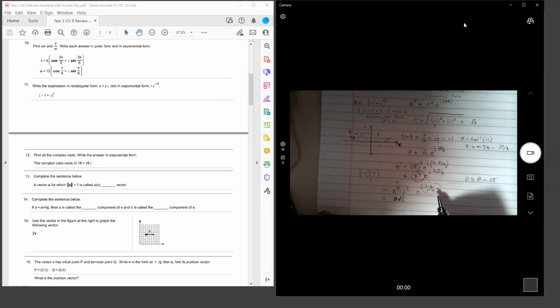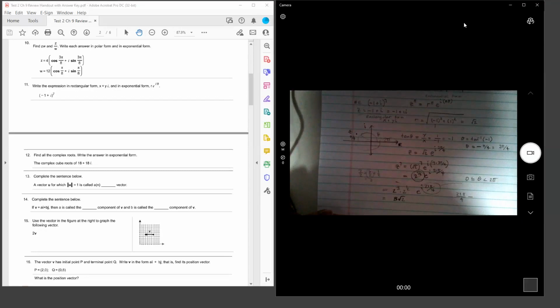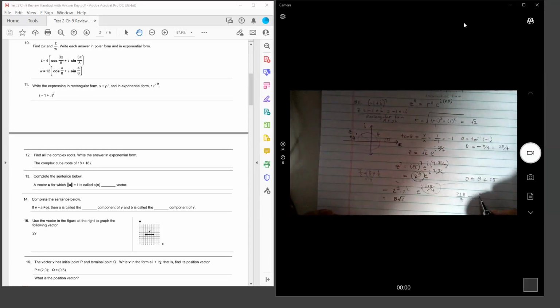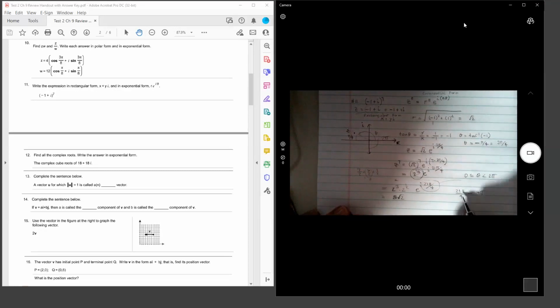So let's say we have 21 pi over 4. Let's take 4 pi's. That will give me a common denominator here: this will become 16 over 4. This is 5 pi over 4.